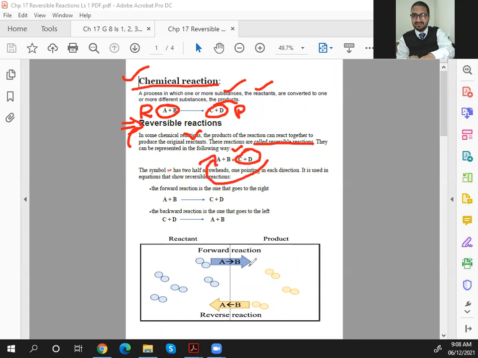Understand? Normally, a chemical reaction is a reaction in which reactants react and we get a product. But in a reversible reaction, you can see the products like C and D react again and give you the reactants back. So these reactions are called reversible reactions. They can be represented in the following way.